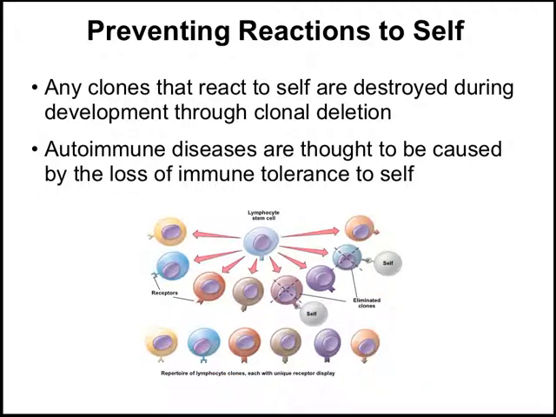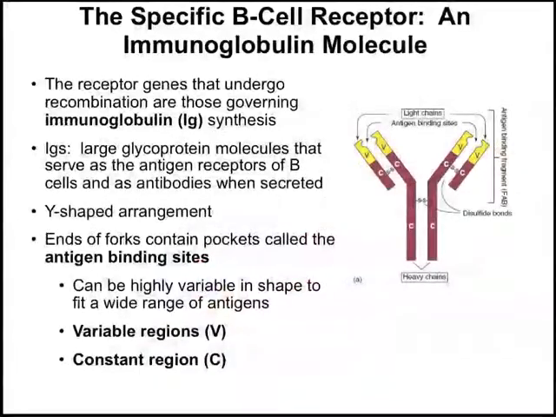So now we have an understanding of lymphocyte development. Let's take a closer look at the differences in receptors before we move on. B cell receptors are immunoglobulin molecules, or IGs. The receptor genes that undergo recombination are those that are governing immunoglobulin synthesis.